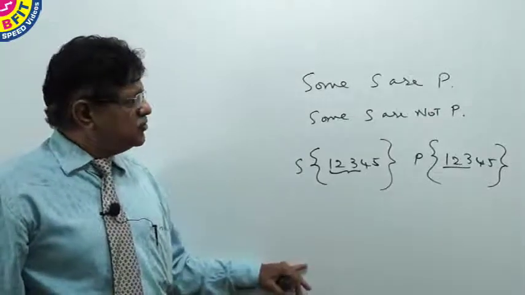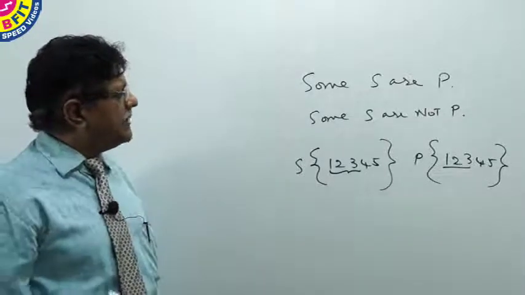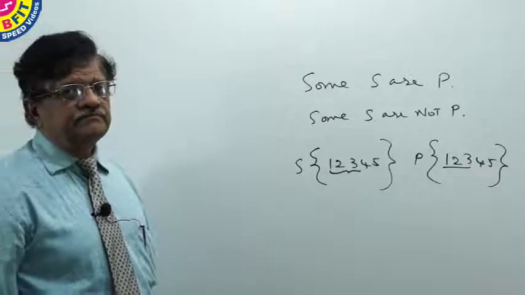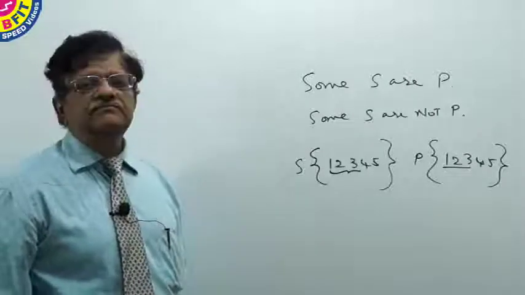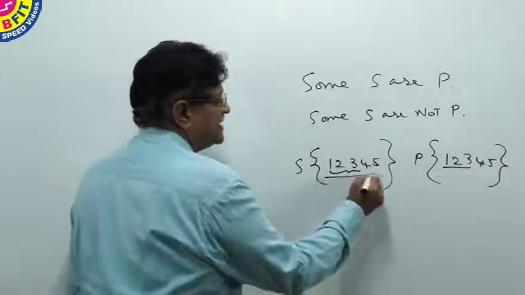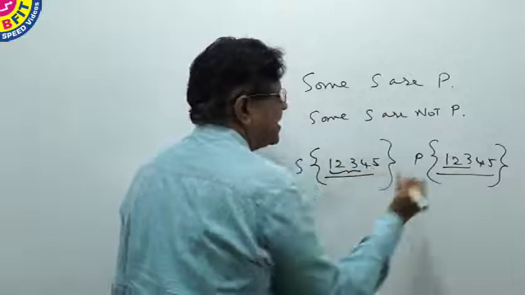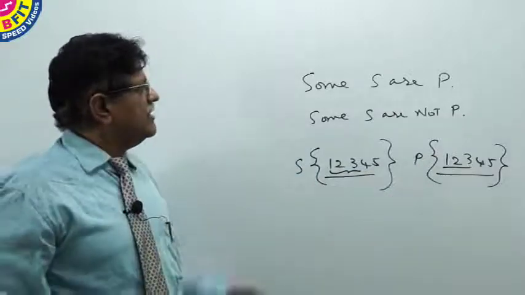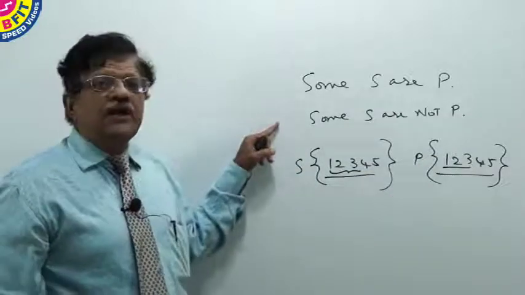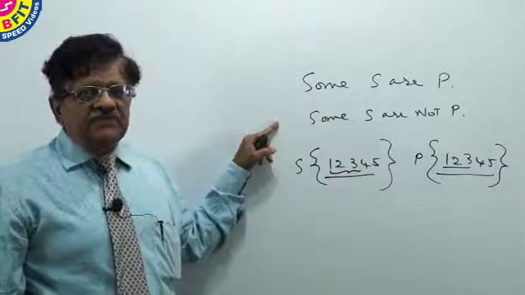But can you say some S are not P? It's not possible, because all the individual items are in both sets. Therefore, from some S are P, you cannot draw a valid conclusion that some S are not P.